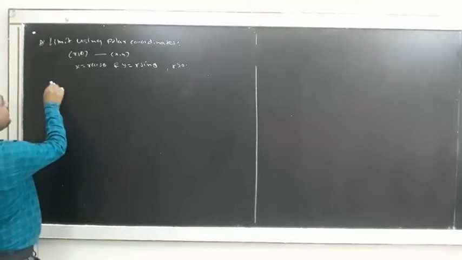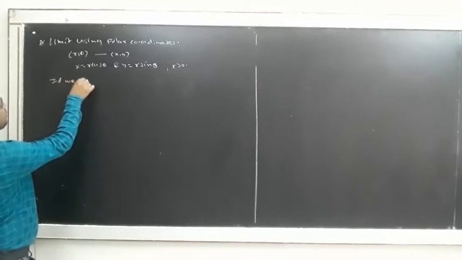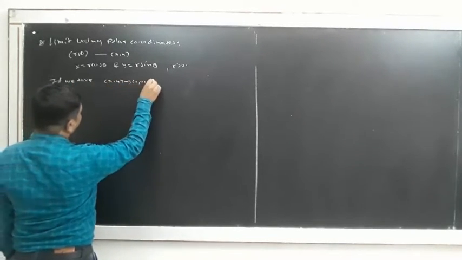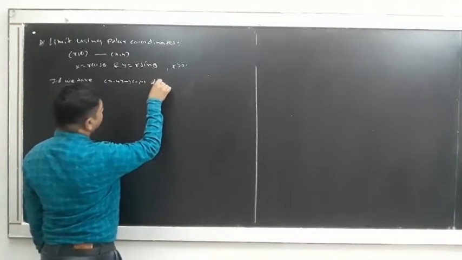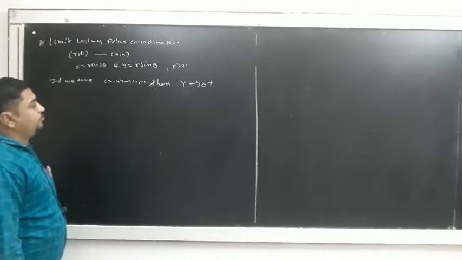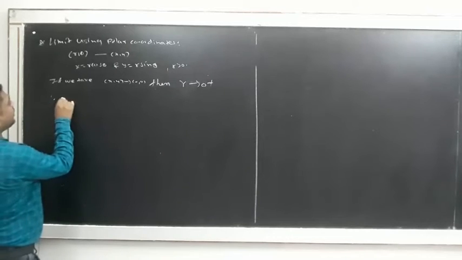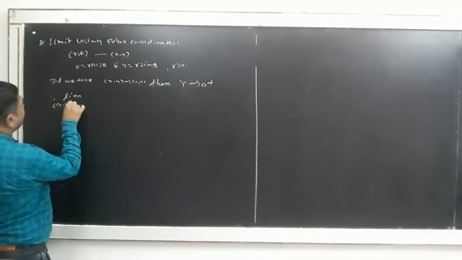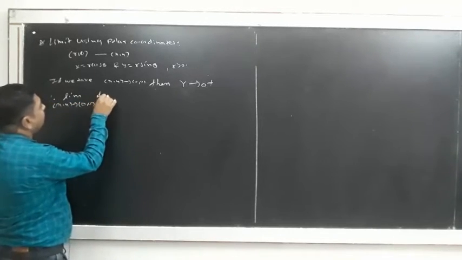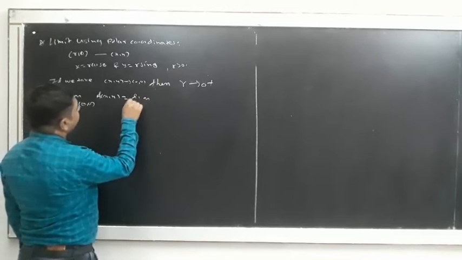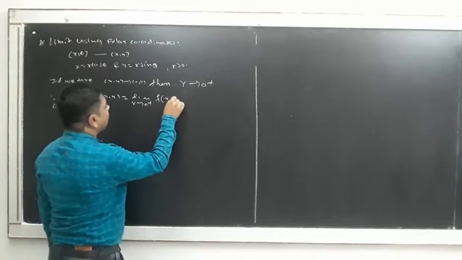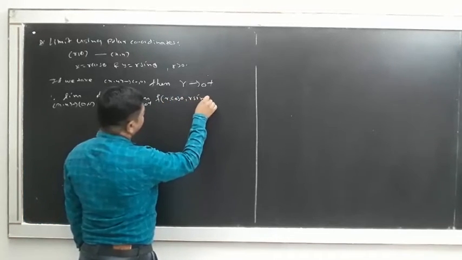So if we take (x,y) tends to (0,0), then r tends to 0 plus. Therefore, the limit as (x,y) tends to (0,0) of f(x,y) is equal to the limit as r tends to 0 plus of f(r cos theta, r sin theta).